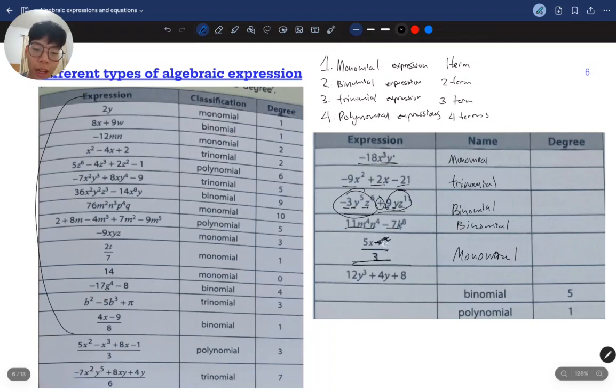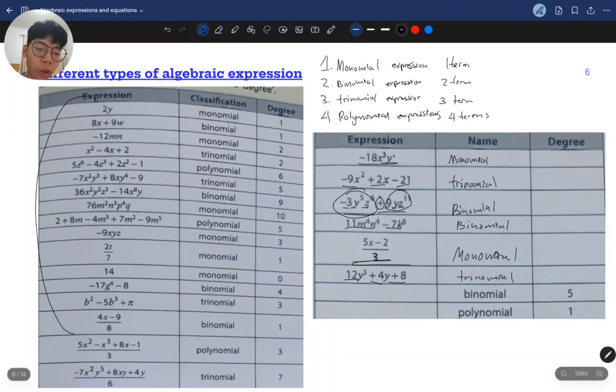If this was outside like this, it would be considered a binomial. However, this negative 2 is inside, divided by 3. Therefore, it is one term. Now let's continue. 1, 2, and 3. So, trinomial.